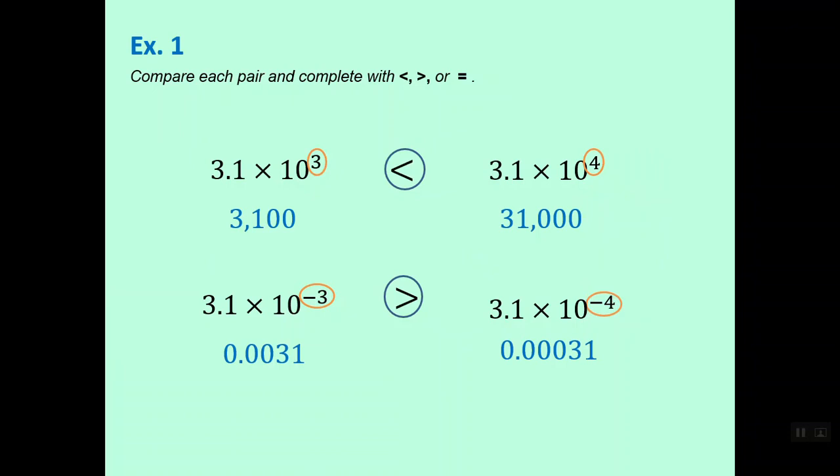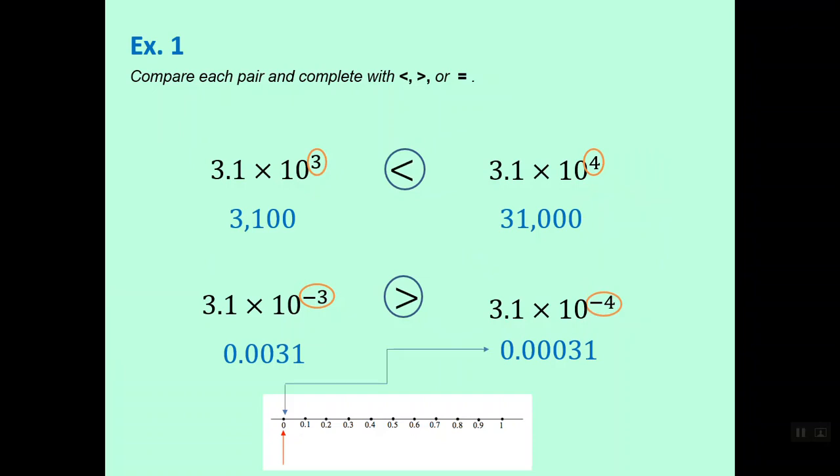Now, sometimes when I'm confused about where numbers fall, meaning larger or smaller, I find it very helpful to have a number line. So on this number line, I have clearly marked 0 with a red arrow. And what we're going to do is plot the smaller number first. So 3.1 times 10 to the negative 4th power, which goes almost to 0.